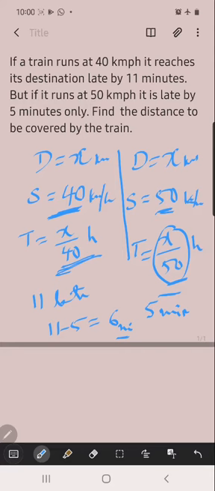So x by 40 minus x by 50. The time taken by the first train minus the second train is equal to 6 minutes. But these two are in hours, so we do not write 6 minutes, we write 6 by 60, in hours only. So this is the final equation.